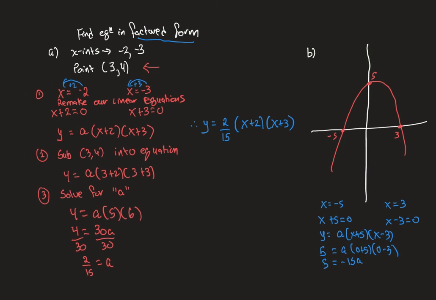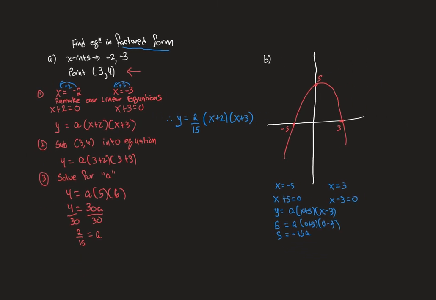It's equal to 5. Divide both sides by -15, so my final answer would be -5 over 15, which I can turn into -1 over 3. So therefore, my equation is y is equal to -1/3 x plus 5 times x minus 3.